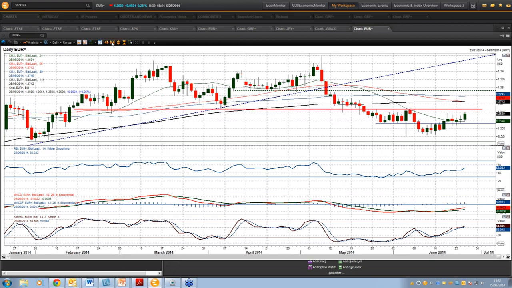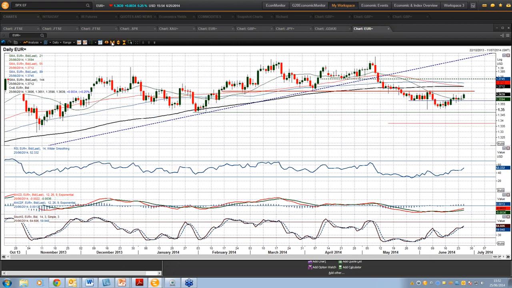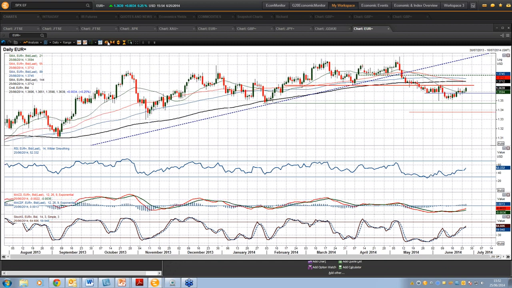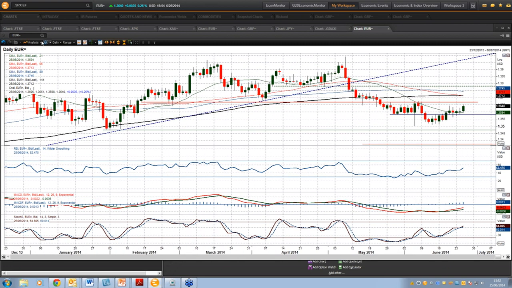If you zoom out as well, you'll see that this 144-day moving average had been the base of support throughout this move higher, all the way up, and is now, I think, going to become the base of resistance. That's at $1.3712 at the moment. So yeah, that's my view on euro dollar.